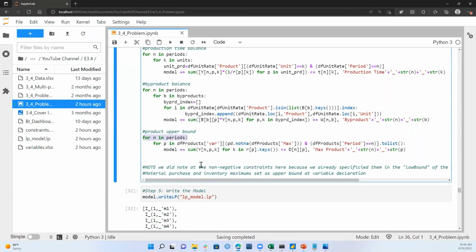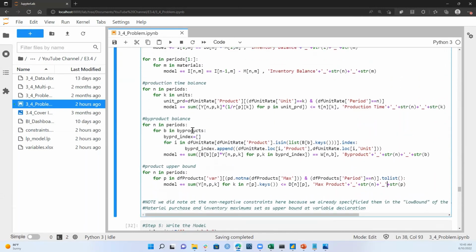So again, for each period, we're going to take the total amount of product we're making, Y sub NPK, across all machines that make that product, whether it's on mixer 1 or 2, and that has to be less than or equal to the total available demand for that product P in a given time period. And we name this constraint as well, max product underscore time period underscore product name or product type. And so that's how we build these constraints.